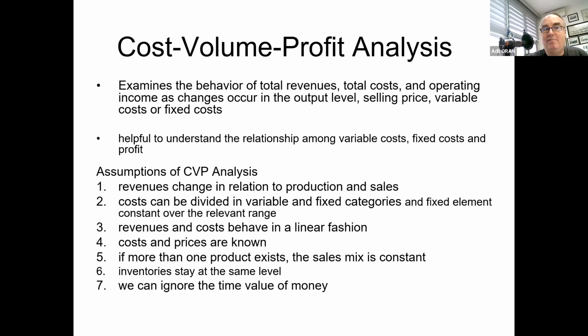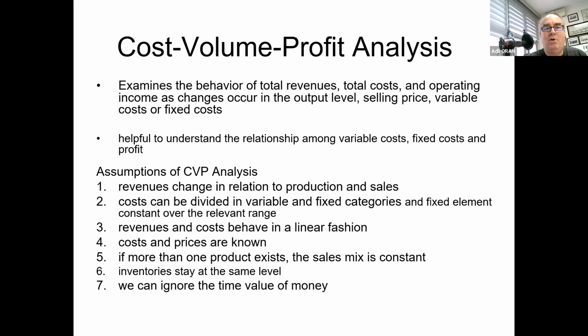Inventories stay at the same level. We need this assumption so that our revenue and cost depend on a single quantity. If the inventory is staying at the same level, everything we're producing, we're selling. So the quantity that we use in determining total revenue, price times quantity, and the quantity that we use in determining our costs, fixed cost plus variable cost times the number produced and sold, are the same.